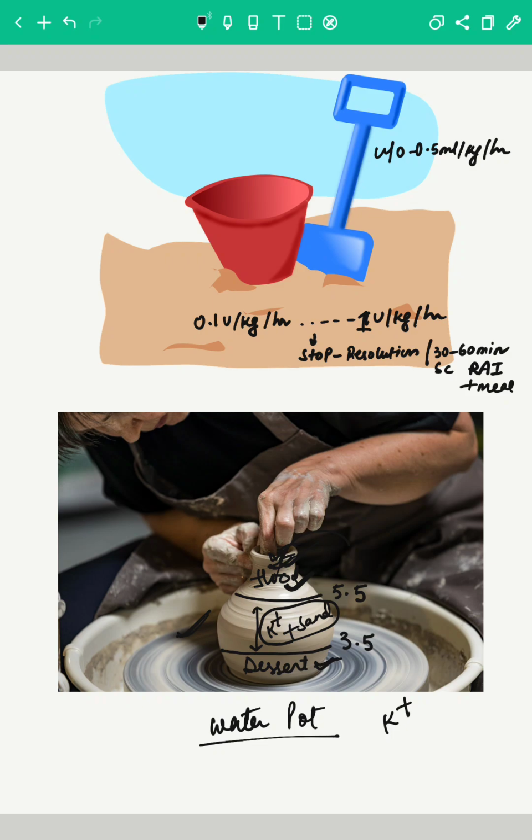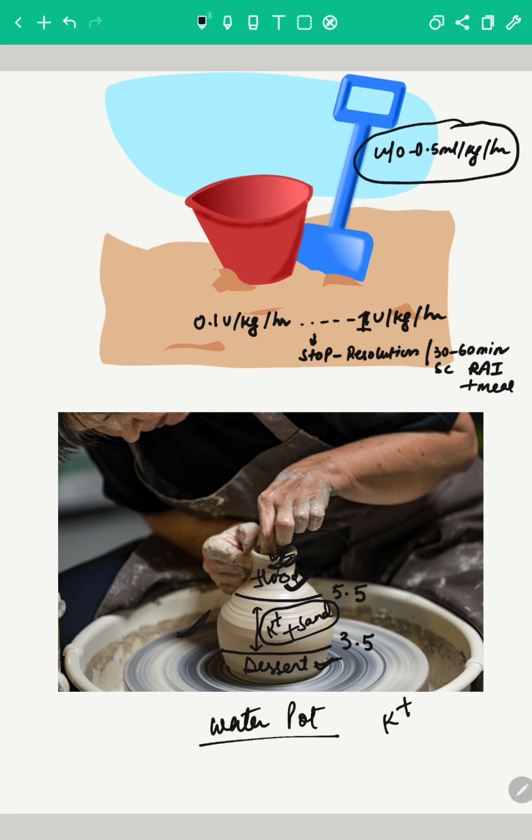Now, one important thing that we have to remember is potassium. See, we were relating potassium to water pot and water. So always ensure when you're giving potassium replacement, the urine output has to be adequate.